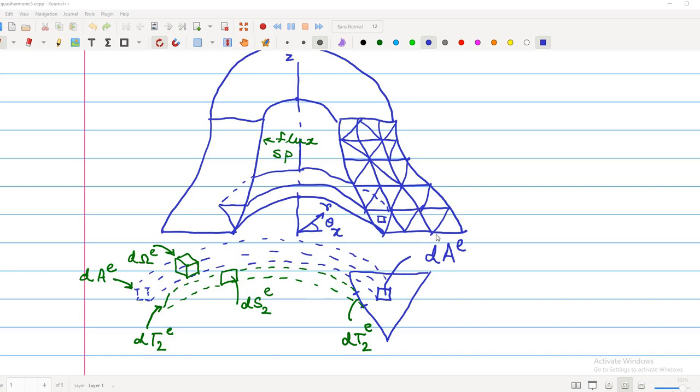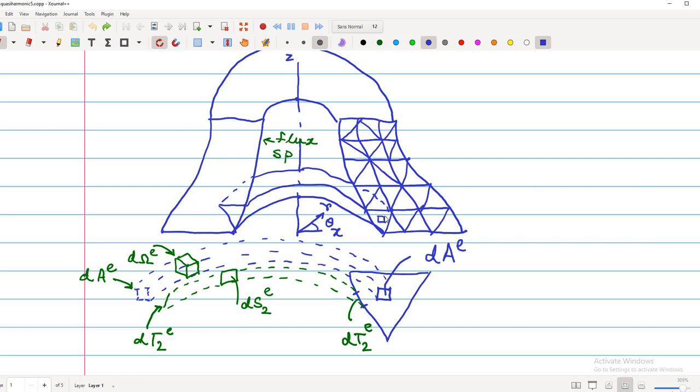As phi is not dependent on theta, we have not made any discretization in the theta direction. So this triangular element is actually a solid of revolution, like this, and the cross section is this triangle.